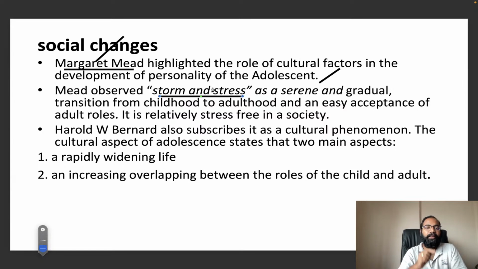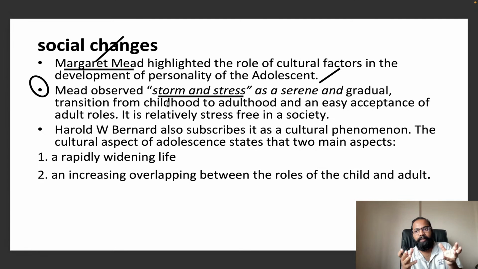Why? Because in one of the UGC NET examinations, they asked this question: storm and stress is related to which of the following options? Okay, so that's why I'm highlighting this point. Fine. So storm and stress is related to the adolescent age.